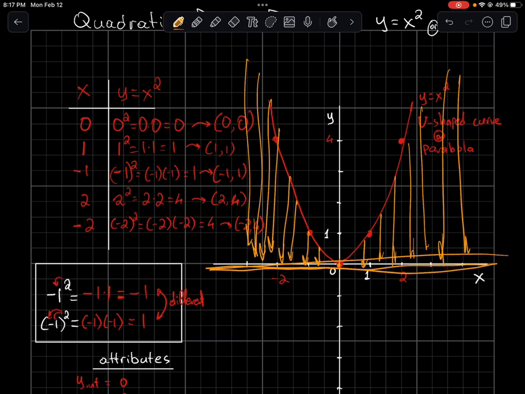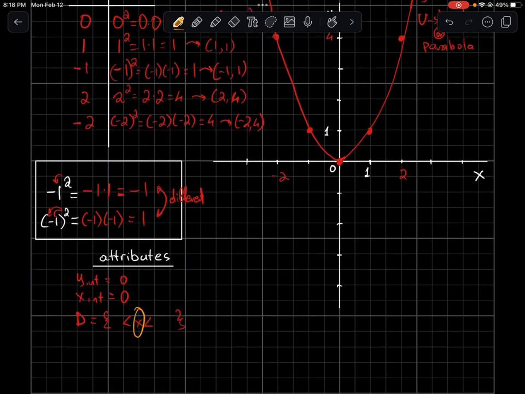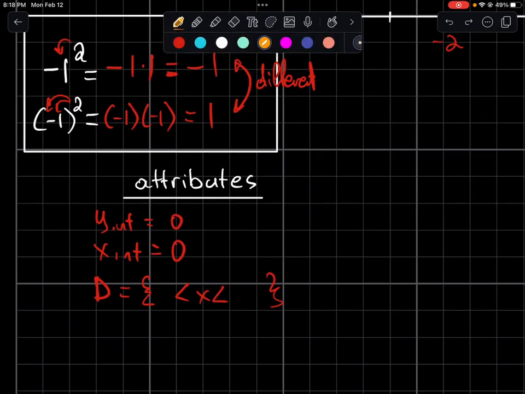So the domain is the entire x-axis. Okay, how do we write this? Since the domain is the entire axis, all the x in the domain are going to be between negative infinity and positive infinity. That's one way to write it.